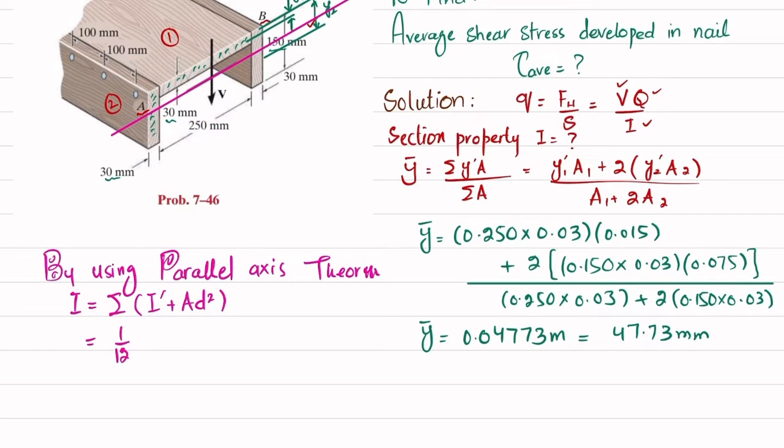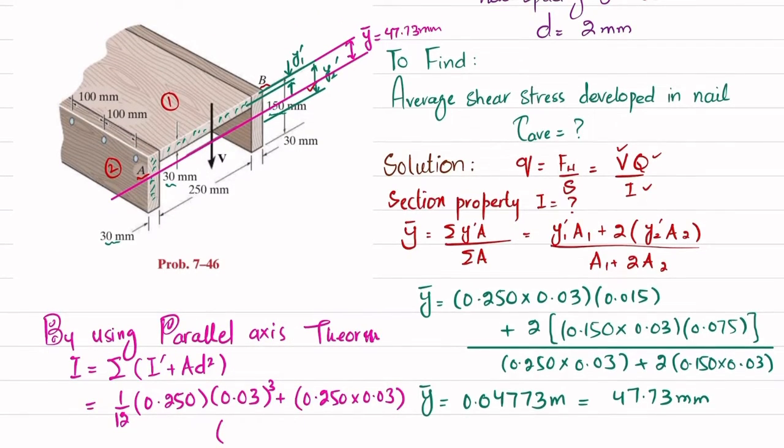So 1 over 12 times 0.250 meter into 0.03 whole cube, plus the area, again 0.250 into 0.03, into d square. Now what is d square?